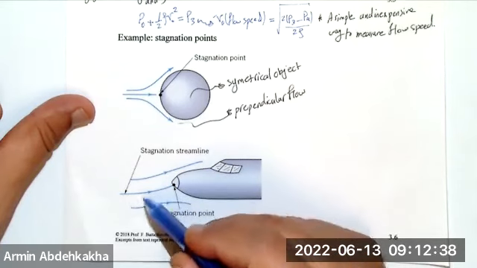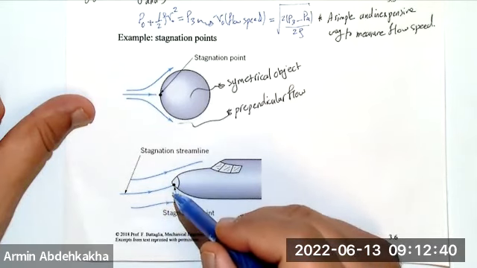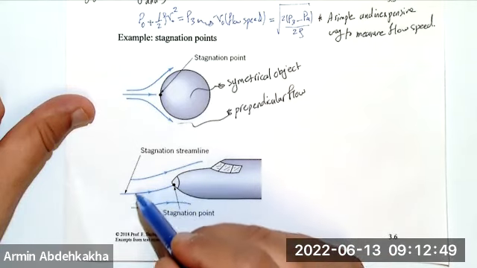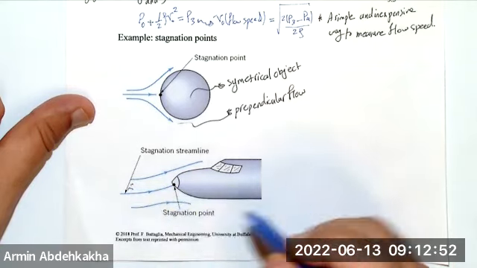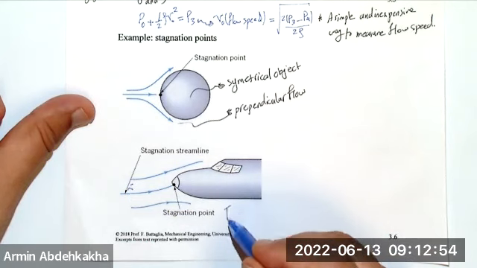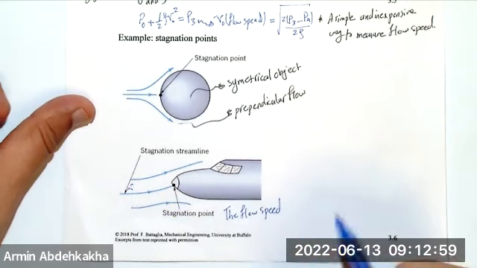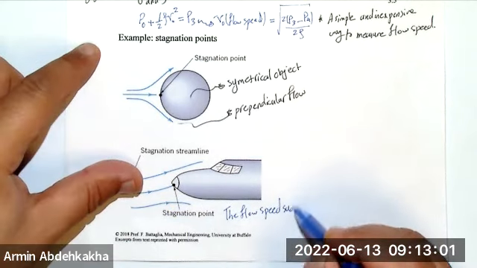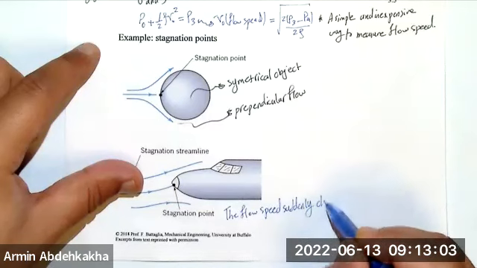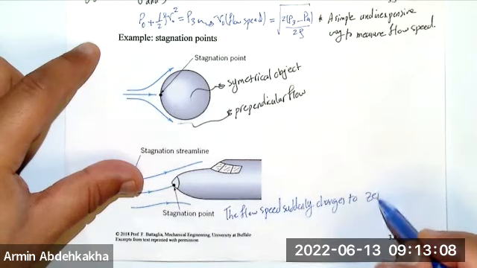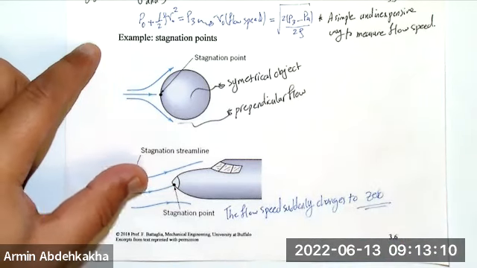This line, or the streamline that gives you the stagnation point, is a stagnation streamline. The flow speed suddenly changed to 0 at this point. So you have velocity at upstream, but here the flow speed suddenly changed to 0.